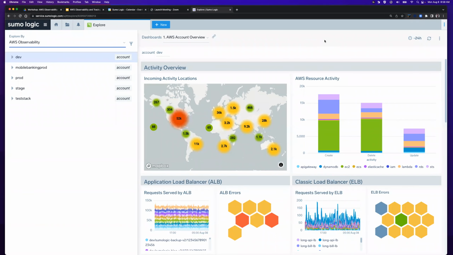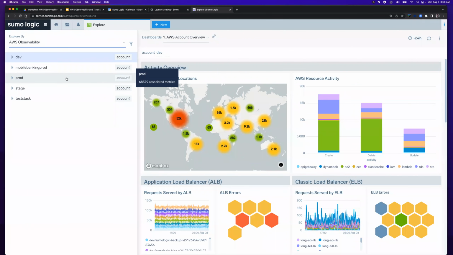Now, one of the things I mentioned just previously is the complexity of looking at various accounts within AWS. You might have a production account, you might have a QA account, a staging environment, whatever. Right here, I am able to select from those. So for today, we want to look at production data. We could look at dev data. We have a mobile banking production account. That's not today's focus, so we're going to go to production.